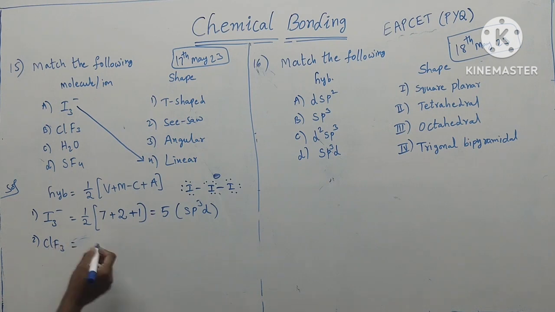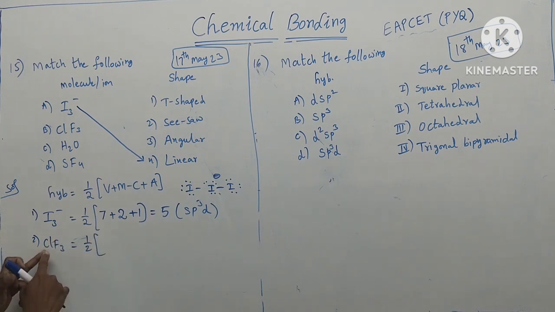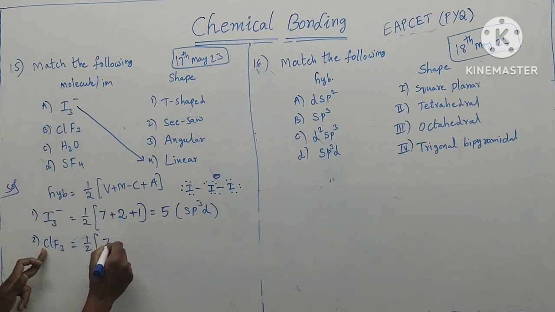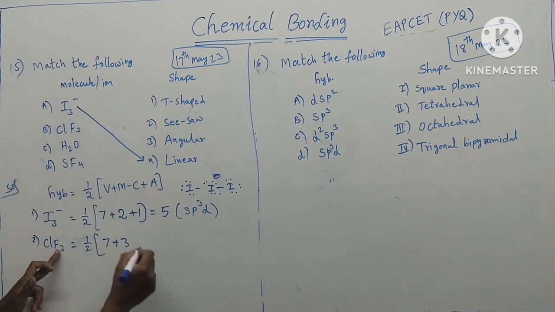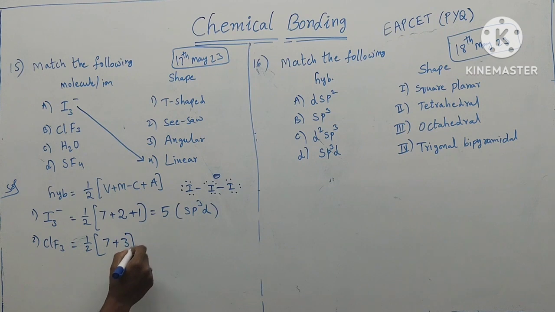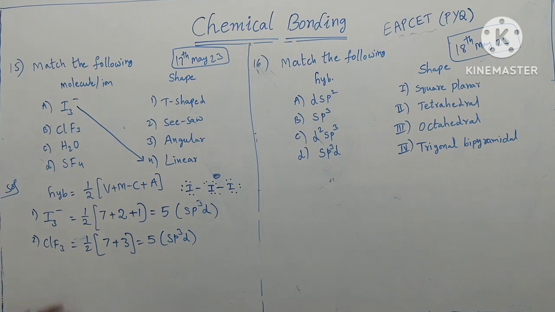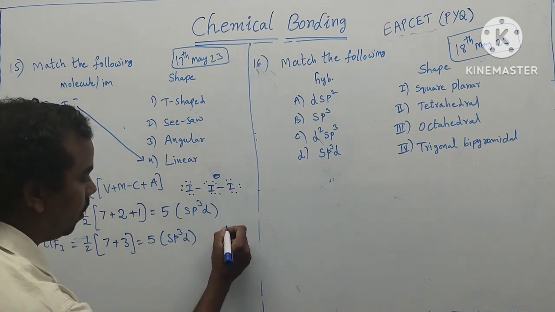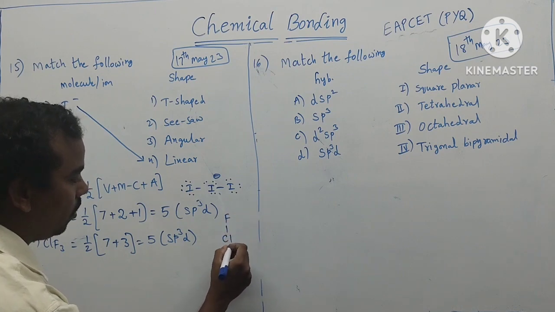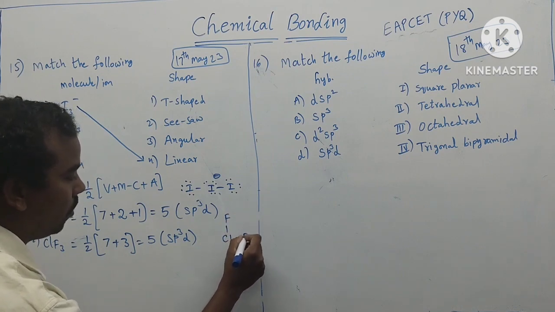So next, ClF3. The central atom is chlorine, half into chlorine: number of valence electrons 7, number of monovalent atoms 3, there is no charge, so 10 by 2, 5. Again hybridization sp3d, but the shape of ClF3 is different.